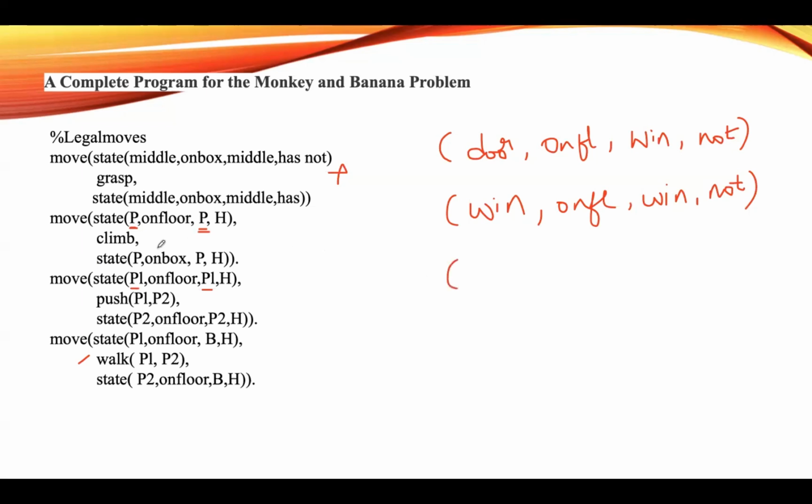Now climb. So here position of the monkey will remain the same. So still monkey is at the window, and initially it is on the floor. Now after executing climb, monkey is on box.